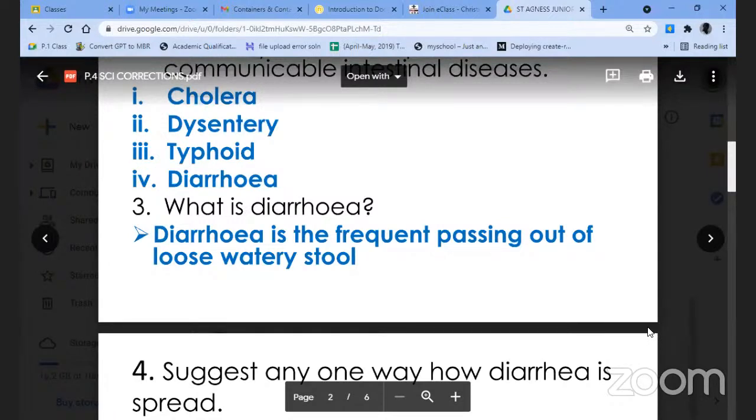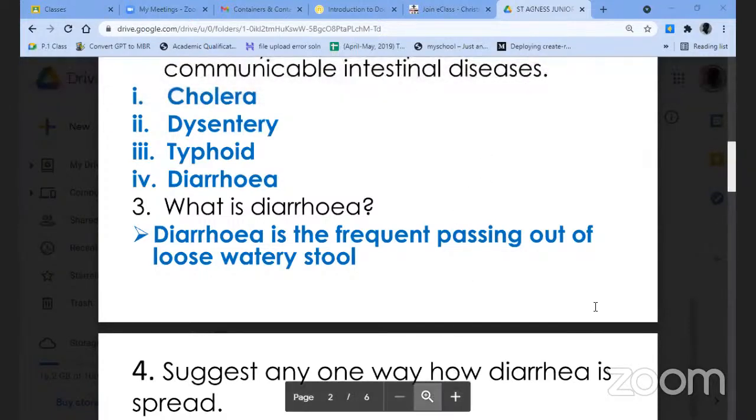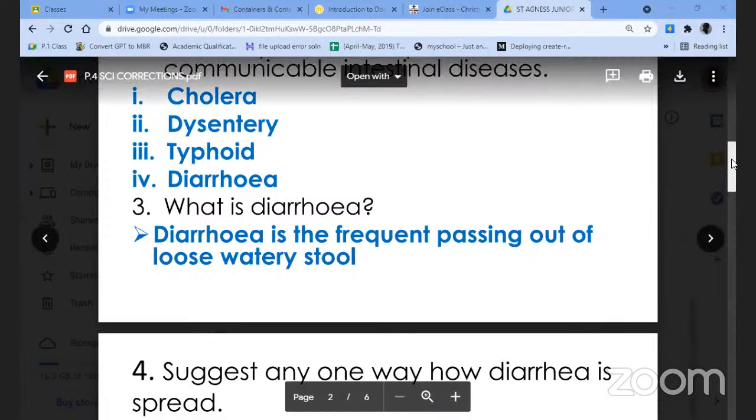By washing hands before eating. Very good. Thank you. So by washing hands before eating food, you will be able to control the spread of diarrhea.